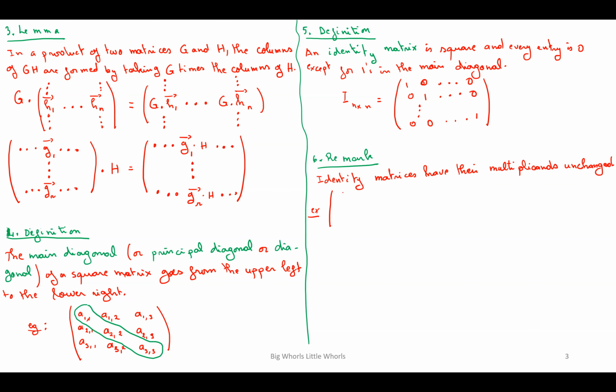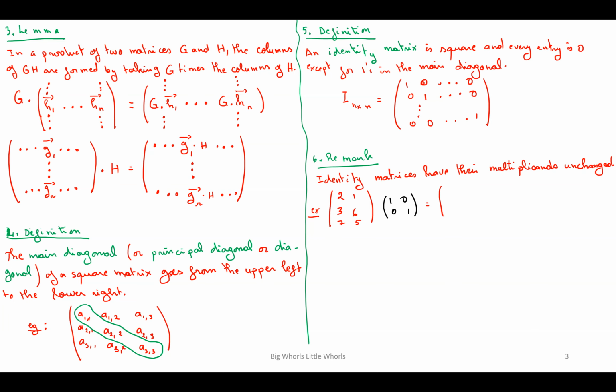We have 2 1, 3 6, and 7 5 multiplied by this 2 by 2 identity matrix, 1 0 0 1. So it's going to leave the multiplicand unchanged. That's multiplying from the right. We can do the same thing by multiplying the identity matrix with the multiplicand from the left as well.